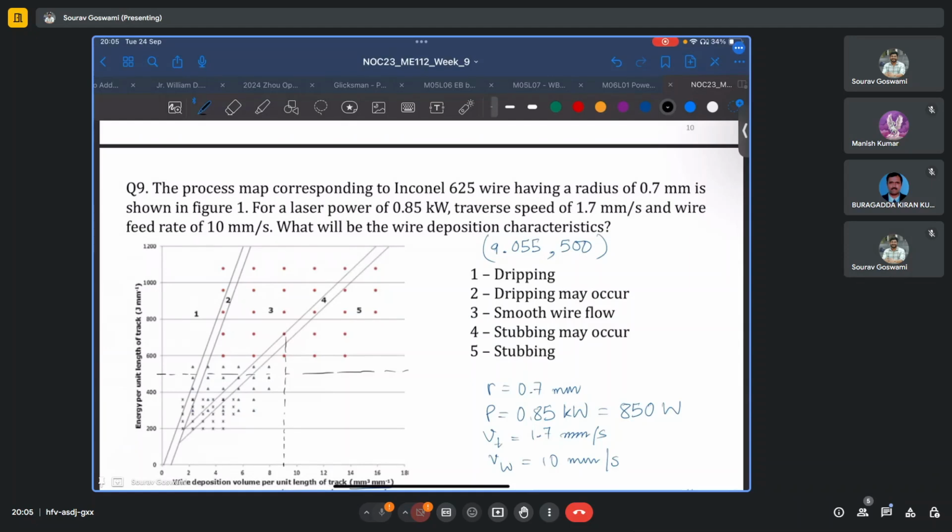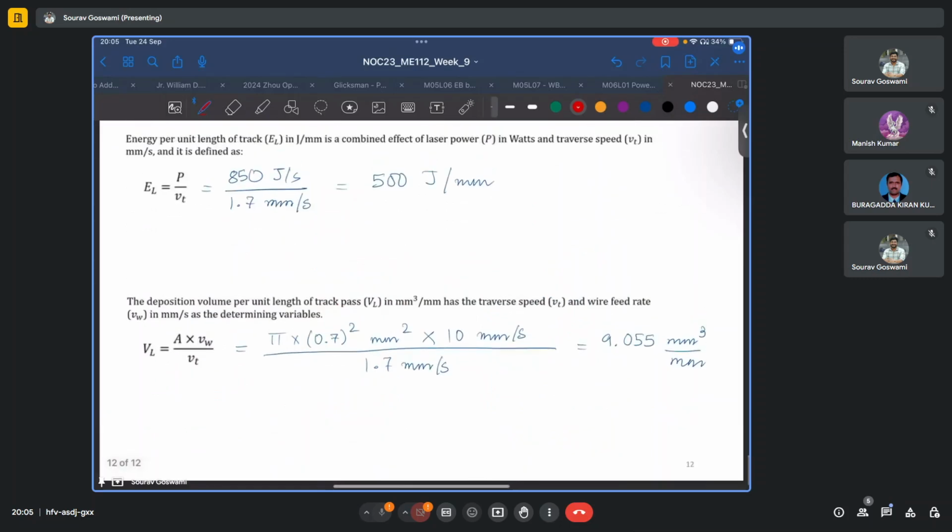And this is the location of our process point. And we see that based on the given process map, this falls in region 5, which coincides with the stubbing region, the region of stubbing. So we can say that for our process as well, stubbing occurs. This is not optimal. That was it.